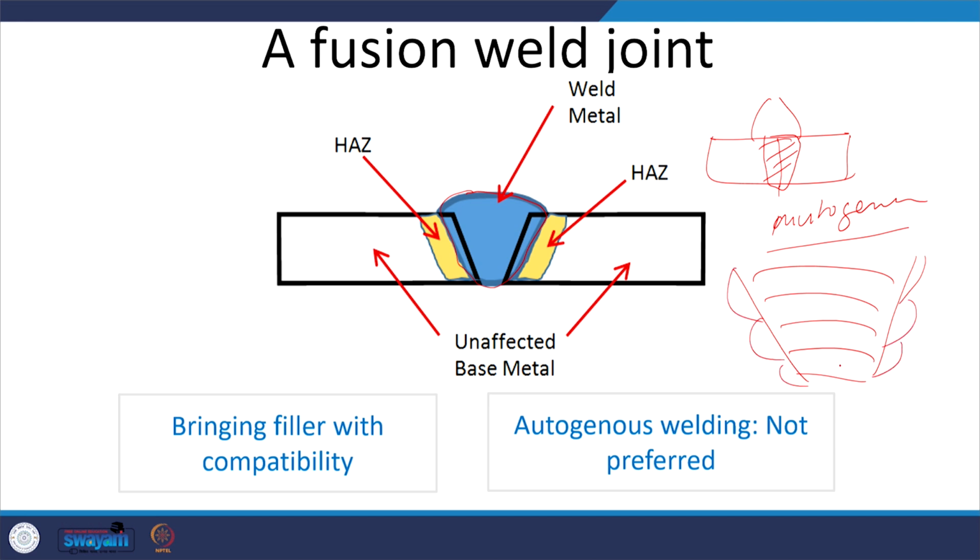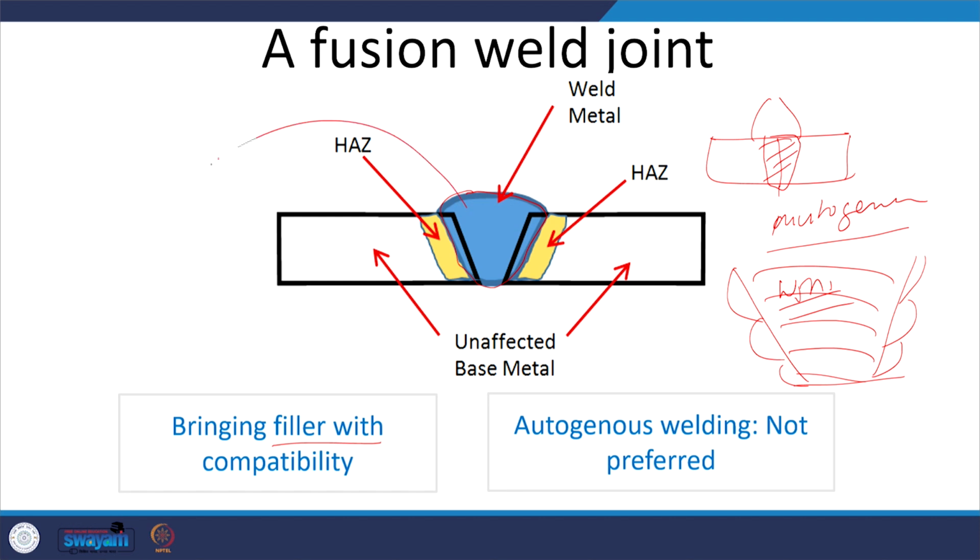So, this weld metal can be of the same metal or of a different metal. When fusion welding allows the use of a filler, then we can choose a suitable compatible filler. But in autogenous welding, there is no filler, only the direct ends are fused to develop the weld joint.